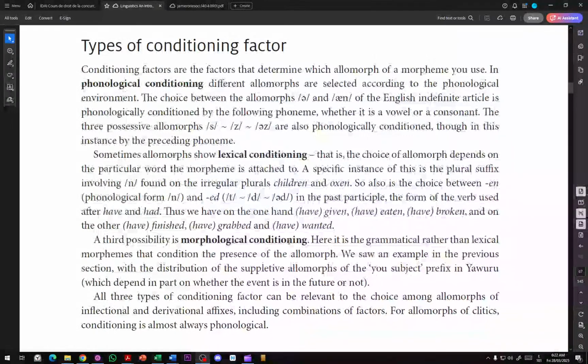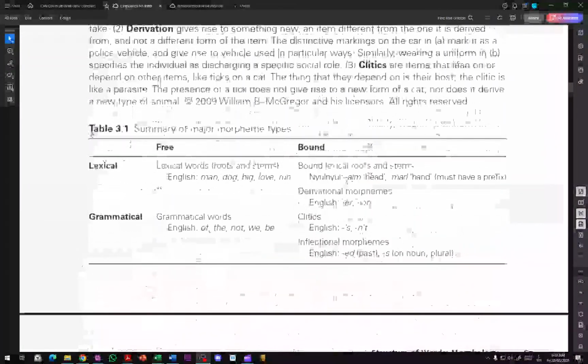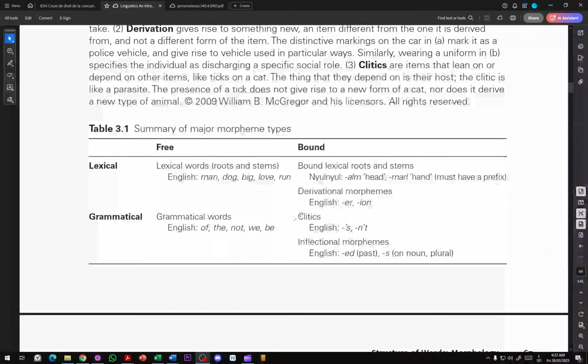What are grammatical morphemes? I forgot. They are the derivational, inflectional affixes and clitics, right? Yes, they are clitics and inflectional morphemes in grammatical words.